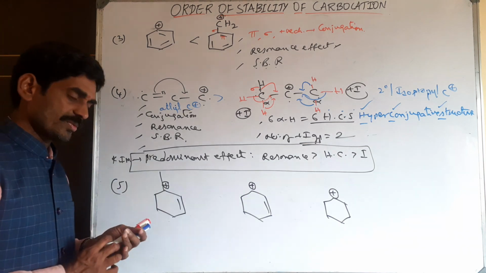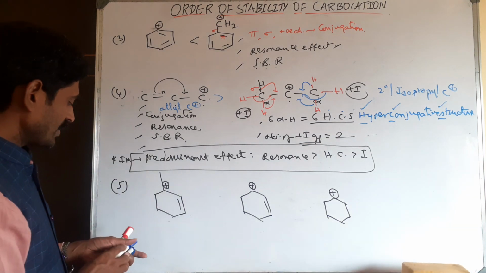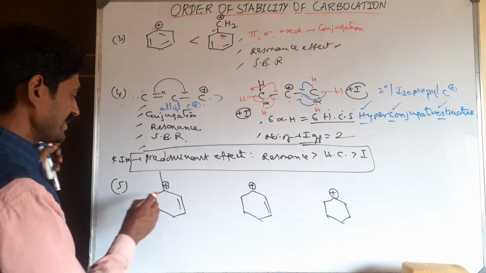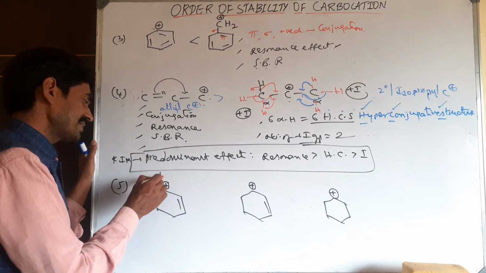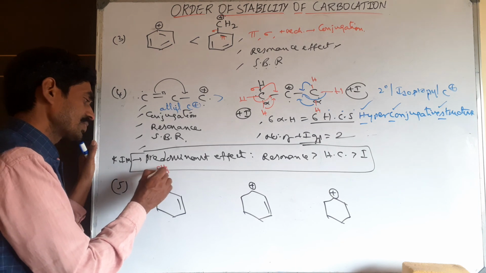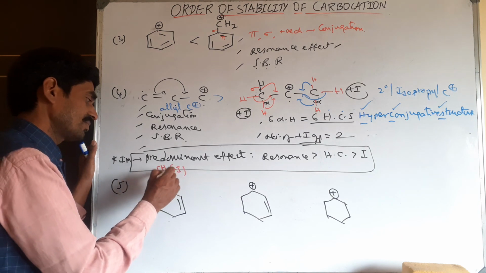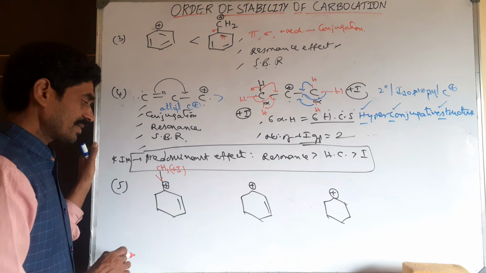So which is more stable here? This carbon is carrying the positive charge. On this side there is a methyl group, a releasing group. So it is a plus I group, and it releases electrons.